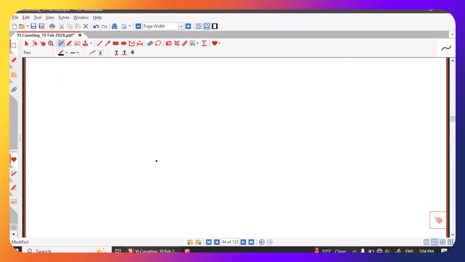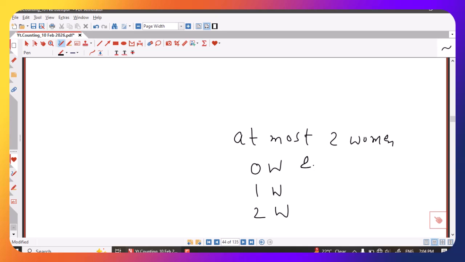Now at most 2 women means the number of women cannot be greater than 2. So there can be 0 women, 1 woman, or 2 women in a committee. So here also there are 3 possibilities. If I select 0 women, I have to select 5 men.